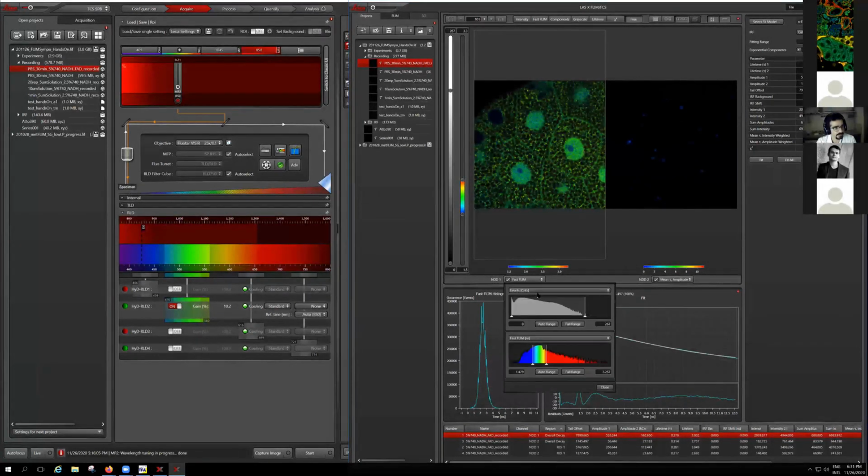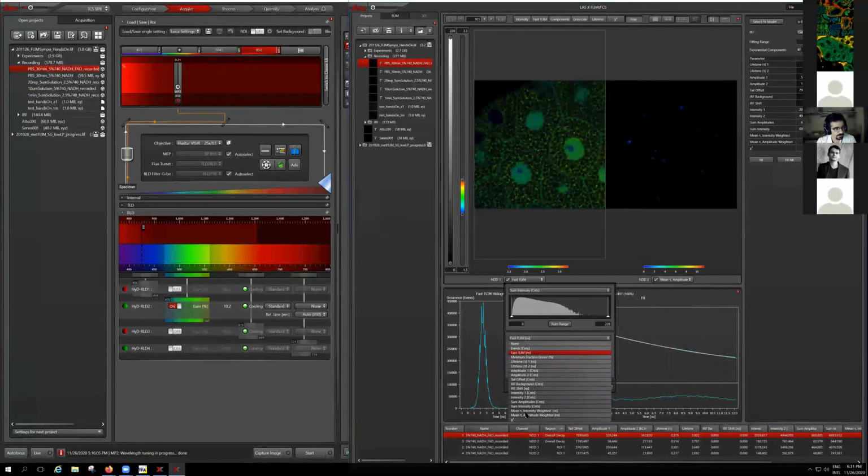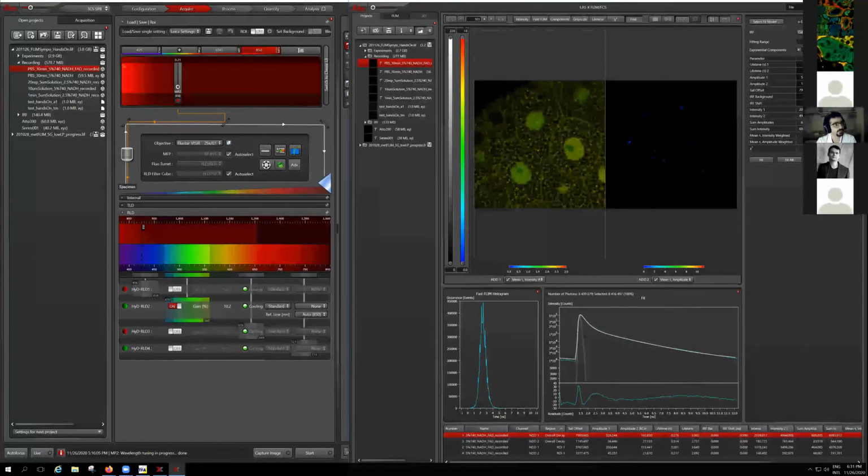And I would do the same thing: sum of intensity, and the lookup table would be the mean lifetime. And now I set the range to 2, second, and then this one, so that would be 3, and then this one would be something like 2.